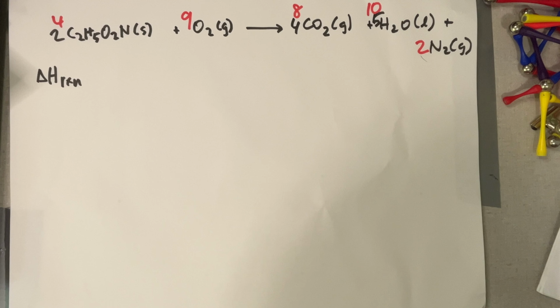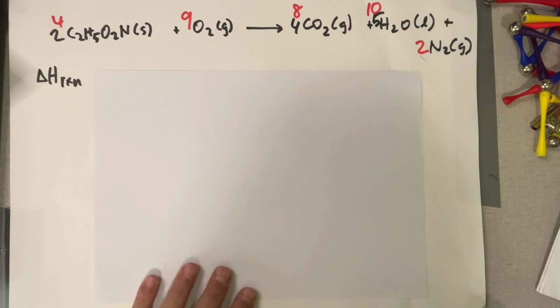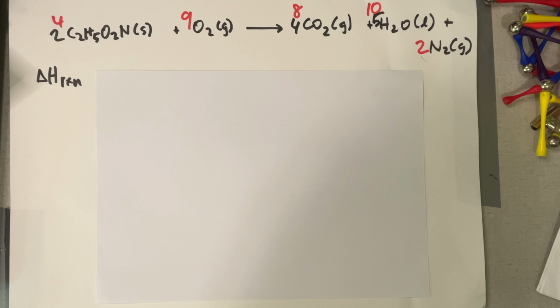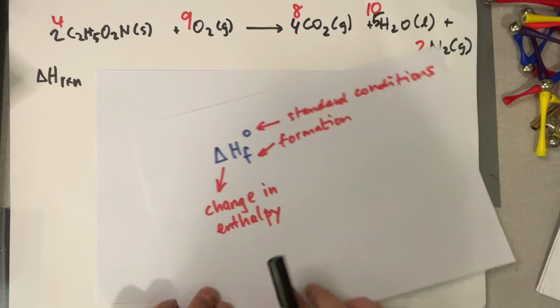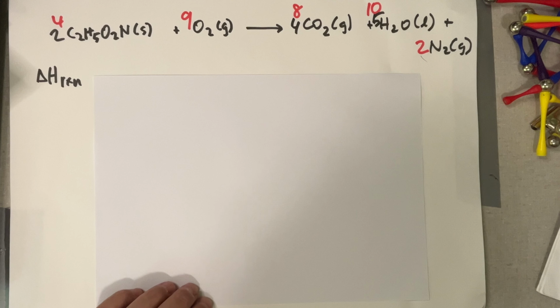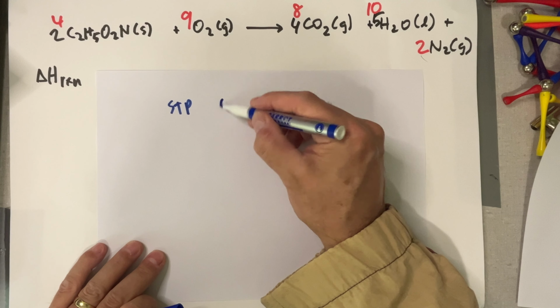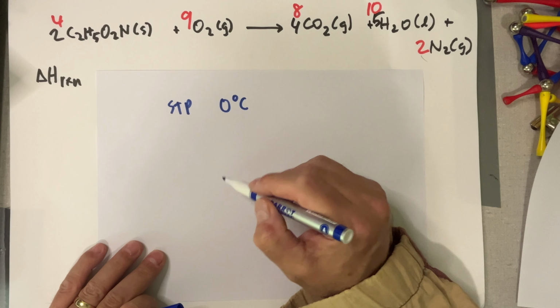And then one needs to talk about what, when we refer here to the 0 standard conditions, what are the standard conditions? Are we referring to STP conditions? So we know, for example, with STP, standard temperature and pressure, that is 0 degrees Celsius.